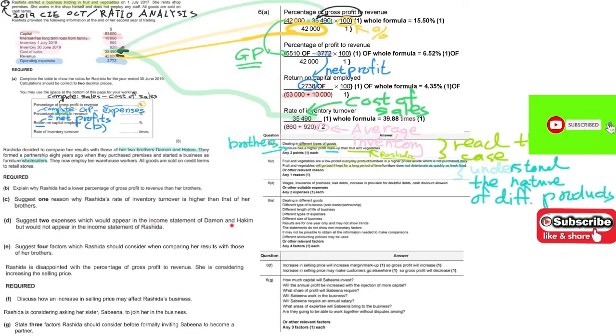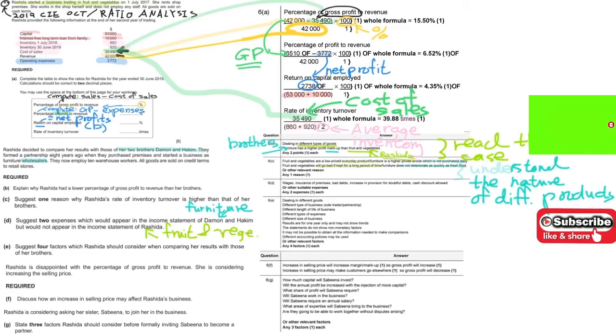Part D talks about the expenses that are included in furniture but not in fruit and vegetables. That's quite easy.